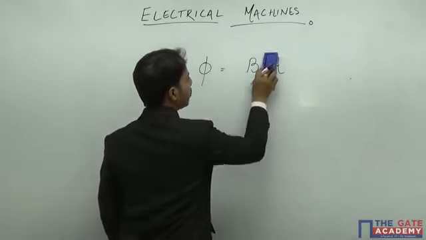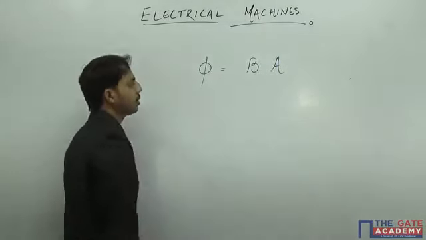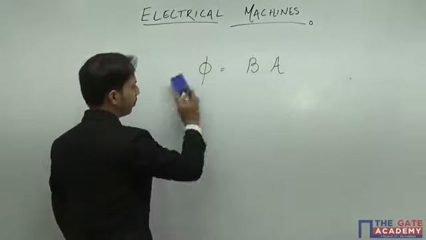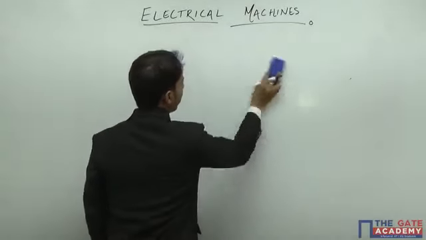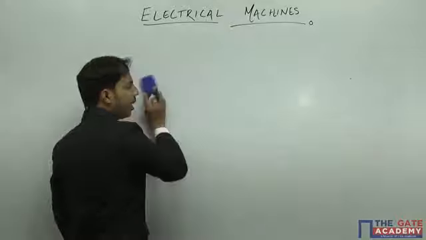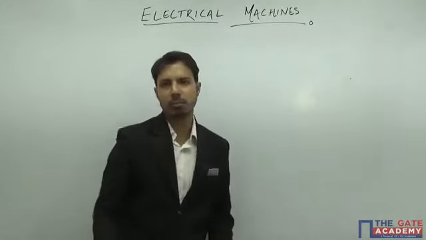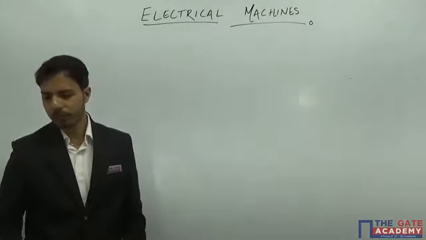For now, let us say it is perpendicular and we will take it as B into A. So this area is a perpendicular area and B is the magnetic flux density.